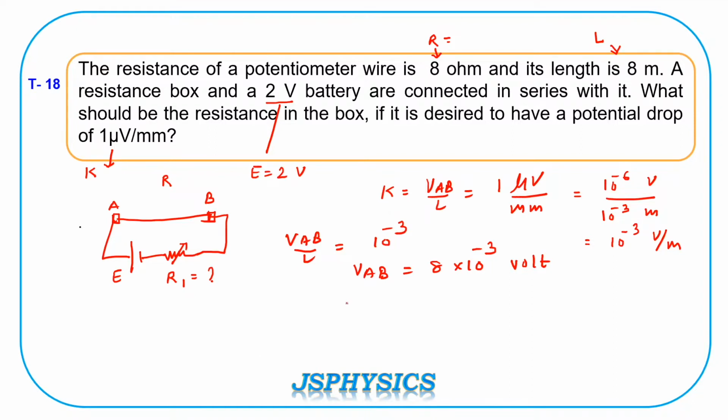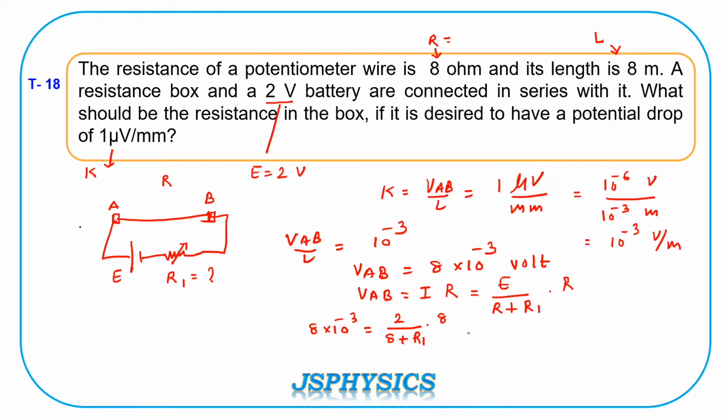Now we also know that VAB is equal to IR. So VAB is equal to I into R. And I is given by E by total resistance, that is R plus R1, into R. So if we place the values, I can write VAB, that is 8 into 10 raised to minus 3, is equal to E. The value of E is known to us, that is 2 volt, divided by R plus R1, that means it is 8 plus R1, where R1 is the resistance in the resistance box, into resistance R, that is 8.